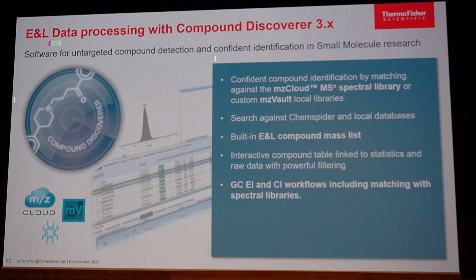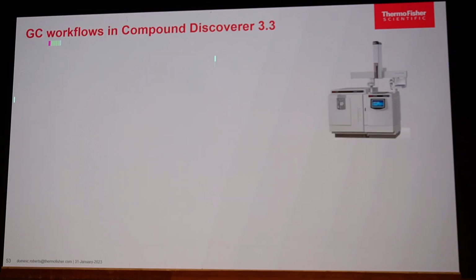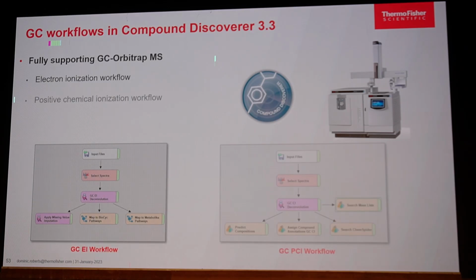To avoid this, we also have data processing software, especially for high resolution MS, which we call Compound Discoverer. Currently 3.3 is the latest version, and you don't have to do anything; you just extract the data and put it in Compound Discoverer. Compound Discoverer will deconvolute the data. There are different workflows: there is an EI workflow and a PCI workflow.